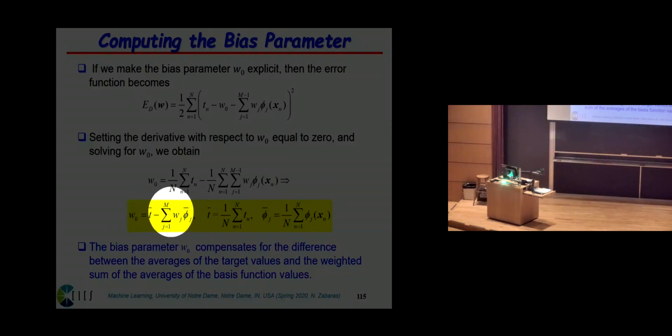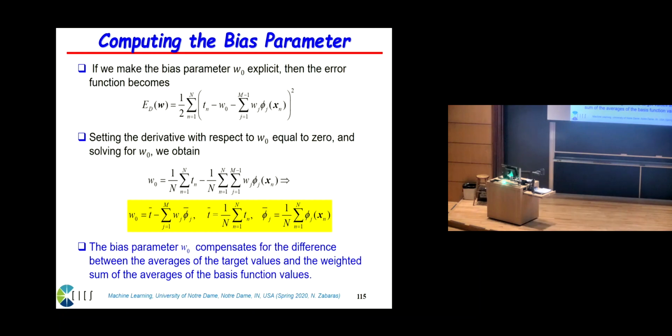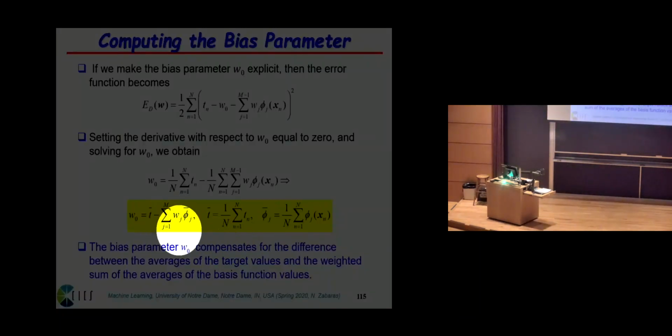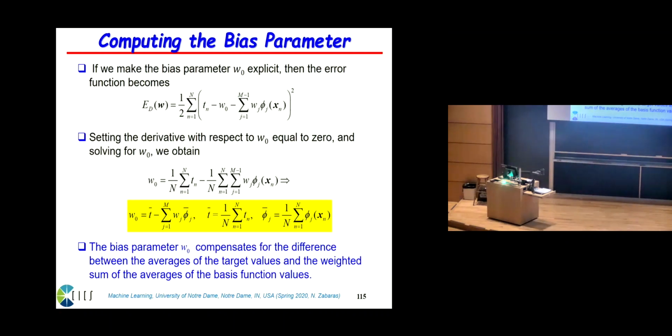W0 is the discrepancy between the average of the target values Tn and the weighted averages of the basis functions, averaged, as you can see here, over the training data points. Obviously, this is a nice formula. It involves the average of T and the basis functions, but also notice you cannot do this calculation unless you have computed the Wj's.